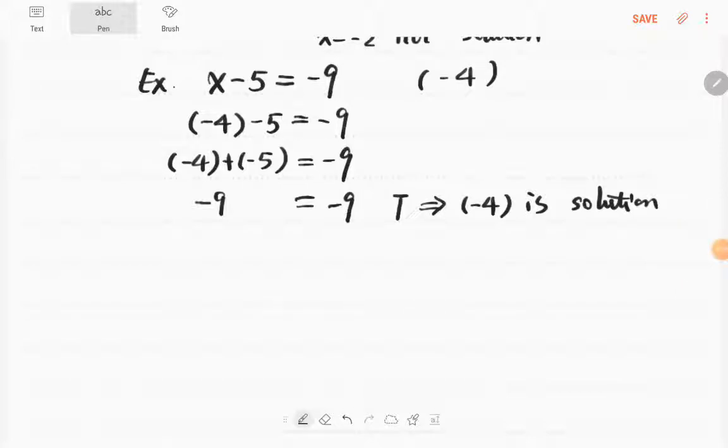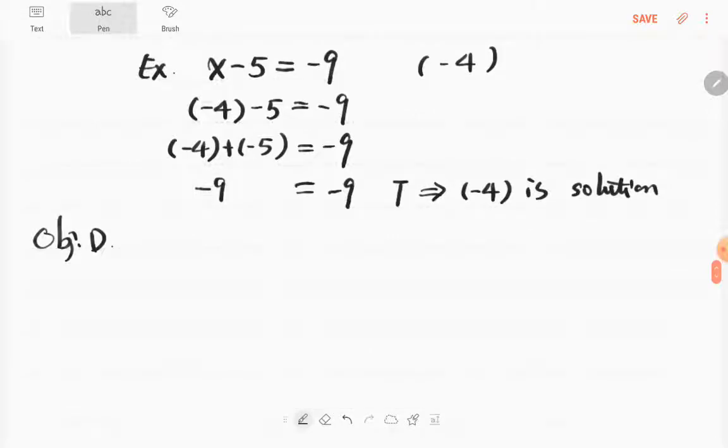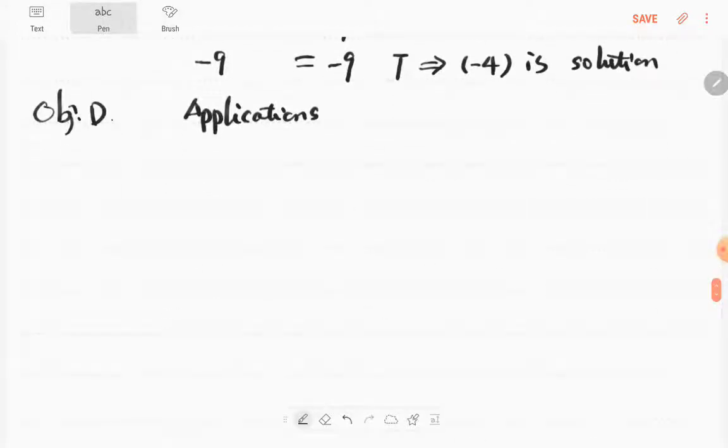Alright, let's check the next objective. Try to do the applications. Try to see this example.